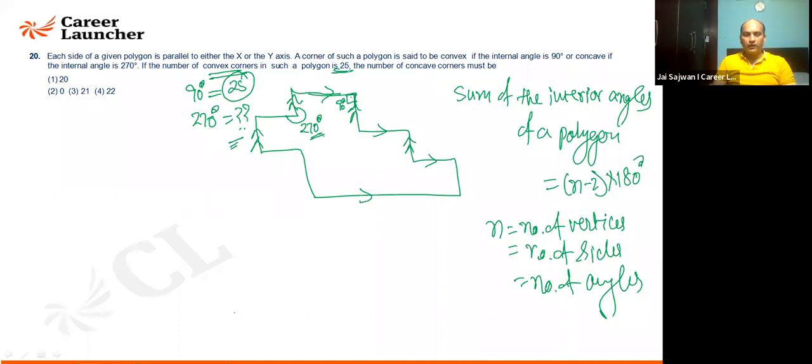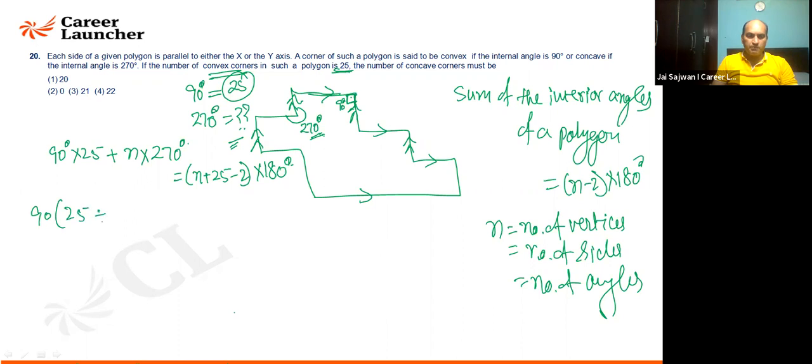There are 25 angles which are convex, meaning the two sides subtend a 90-degree angle. This happens 25 times. Say n times it is a 270-degree angle. So the number of vertices is n plus 25. Then (n plus 25 minus 2) into 180 degrees will be the sum of the interior angles of this polygon. 90 can be taken as common.